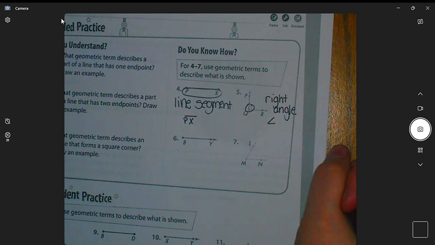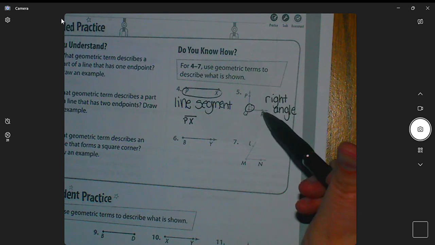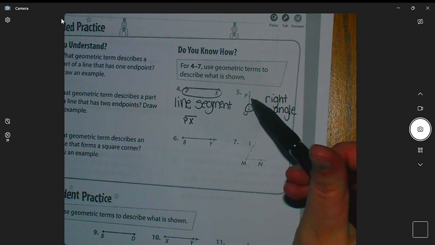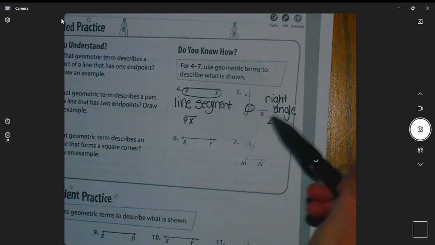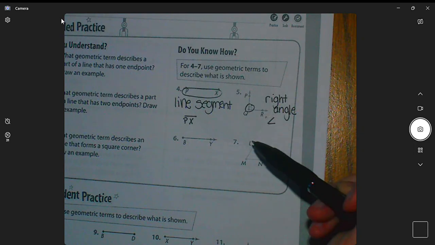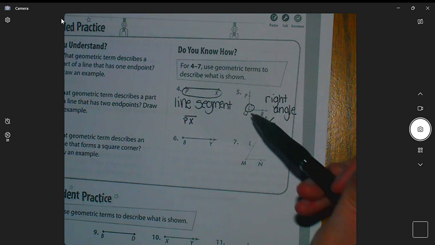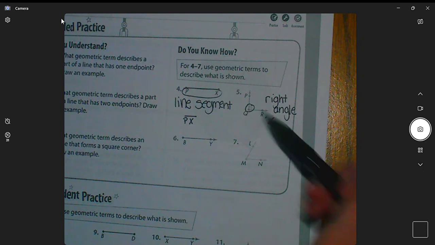And I say exactly the letters that are listed. It doesn't matter really which end you start on, but you have to start with either P or R. I just like going in ABC order. So I'm going to call this angle PQR.